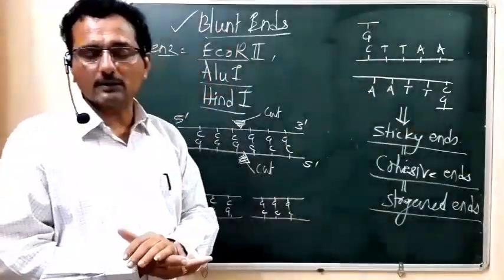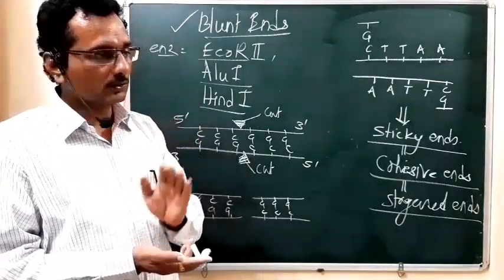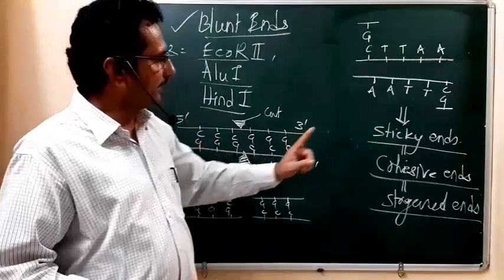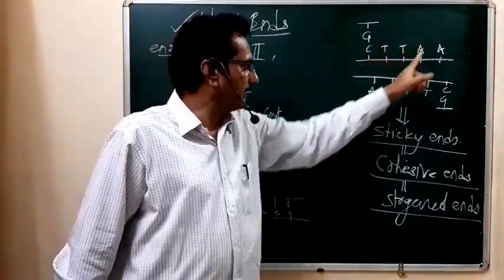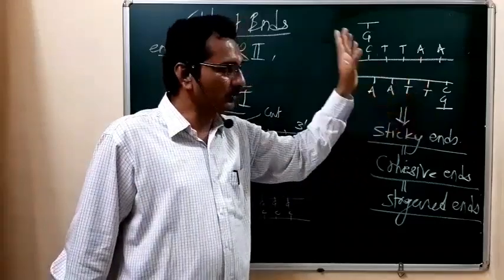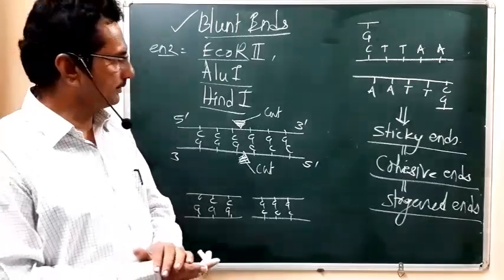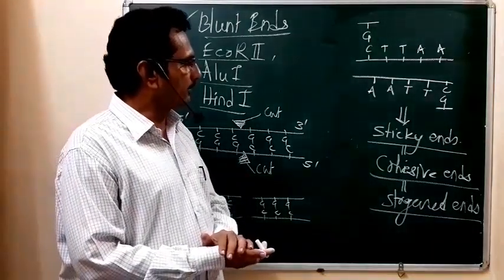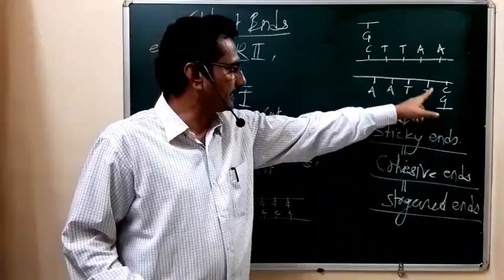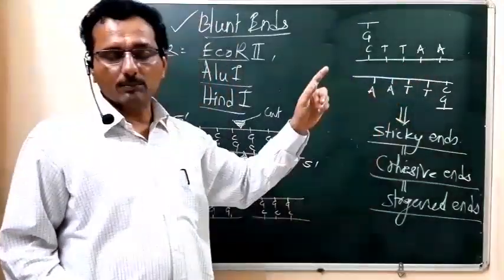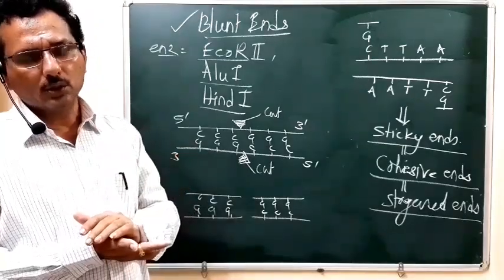And the next thing it cuts is the weak hydrogen bonds which are developed between these exposed nitrogen bases, because before the activity of the restriction endonuclease, these are complementary pairs of nucleotides held together by weak hydrogen bonds.